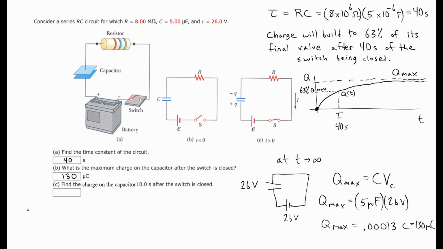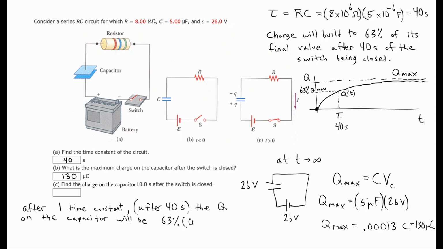So after one time constant, this is after 40 seconds, the Q on the capacitor can be easily found by doing 63% of Q max, which is 0.63 times 130, 81.9.